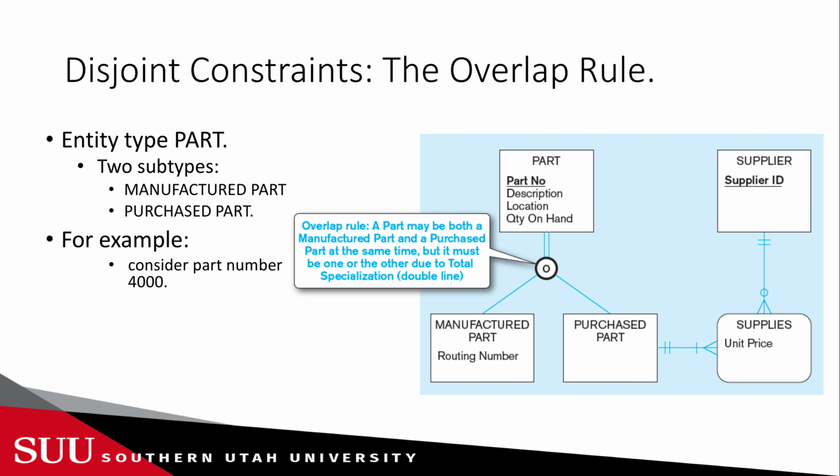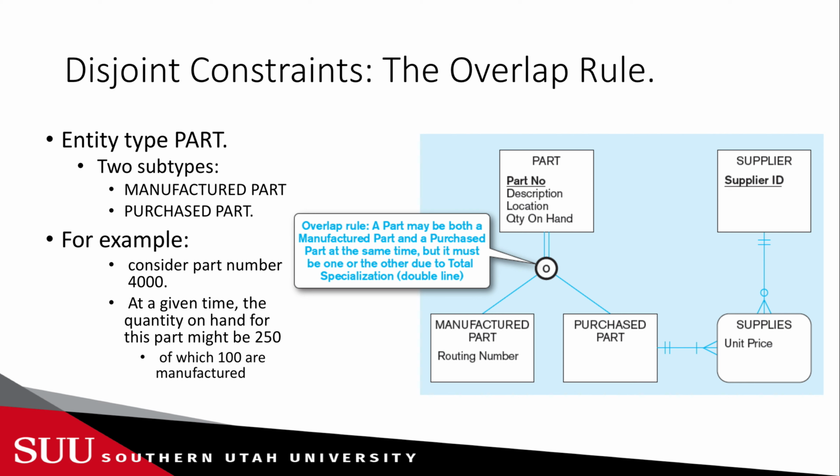So for example, consider that we have part number, let's say 4,000. And at a given time, the quantity on hand for this part might be, let's say 250 parts. 100 of those parts are manufactured in-house, but then 150 of those parts are purchased parts. So a part can belong to purchased part and can belong to manufactured part.